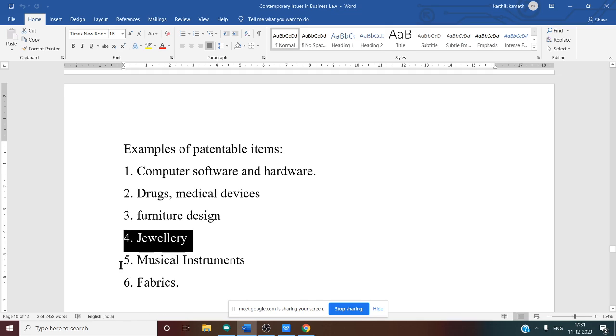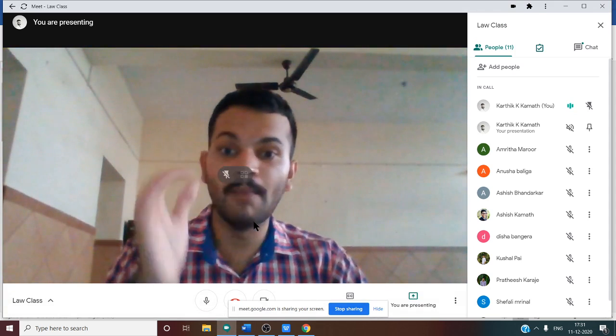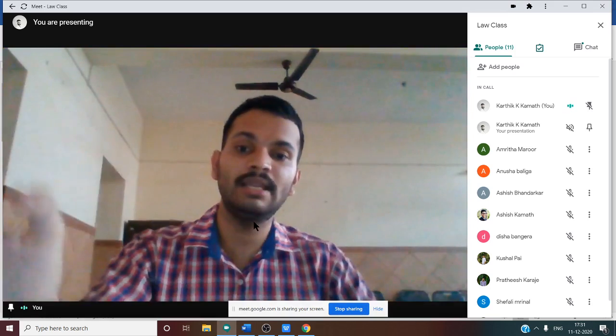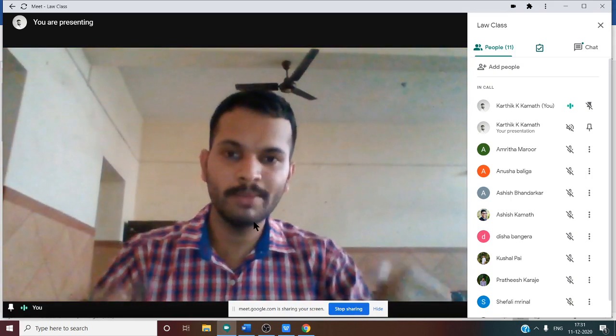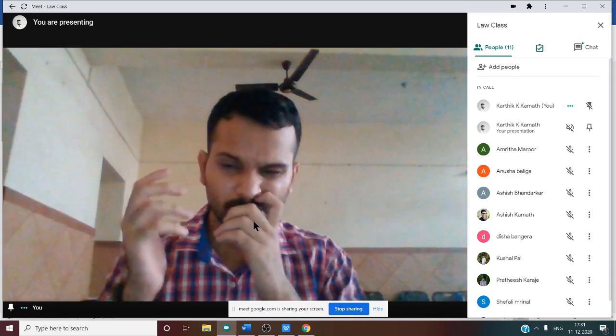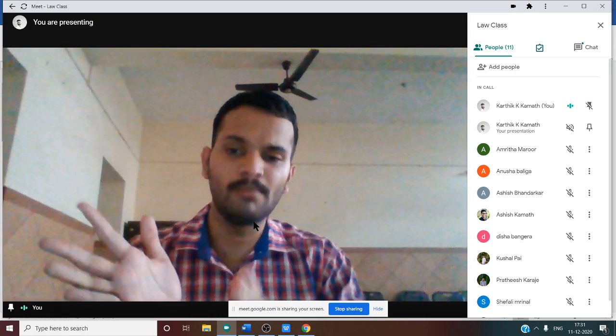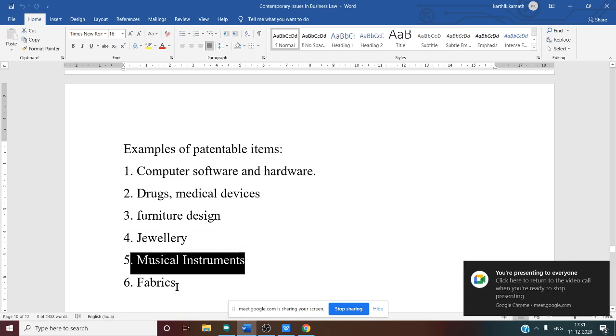Jewelry, again, is a patent. How is jewelry patented? There is a hallmark on jewelry, or for diamonds there is a Forever Mark. For jewelry there is a hallmark. Then musical instruments are also patentable, and fabrics.